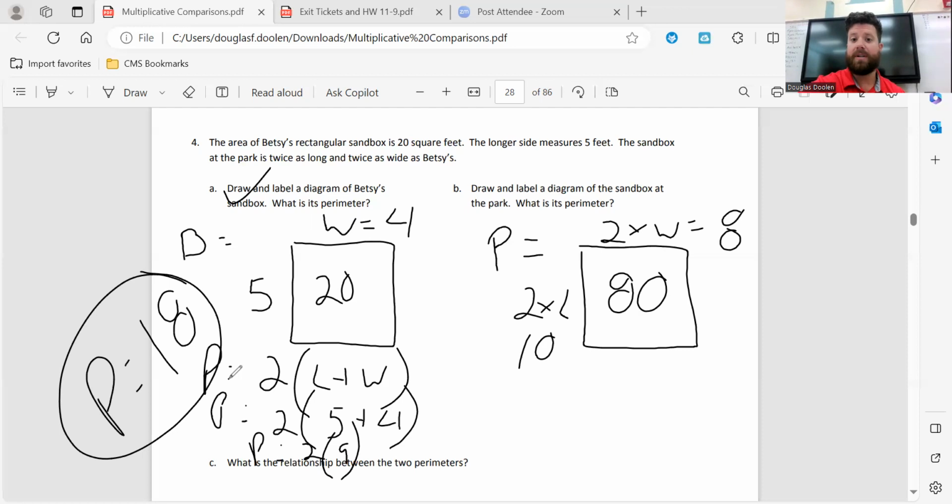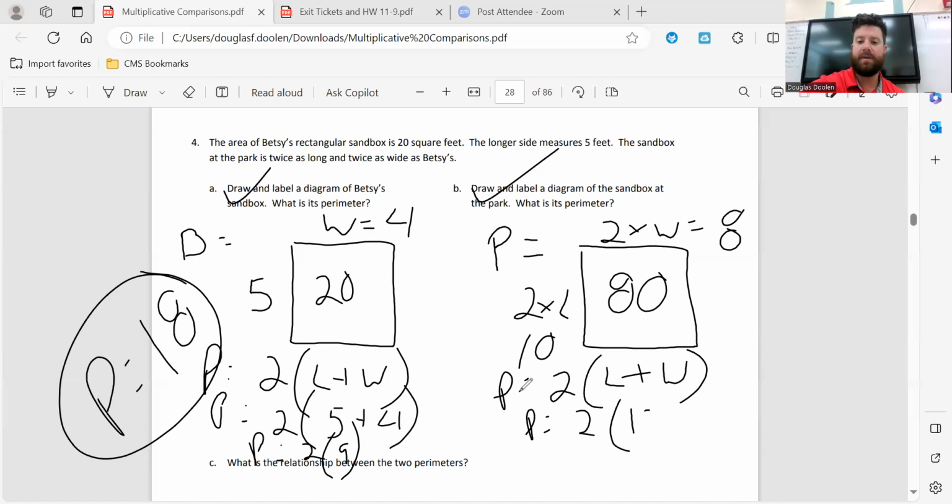B, draw and label the diagram of the sandbox of the park. Check. What is its perimeter? P equals 2 times L plus W. Keep up, please. I'm writing with my finger on a computer. Please keep up. P equals 2 times, what's L for this one? 10, very good, plus 8, very good.